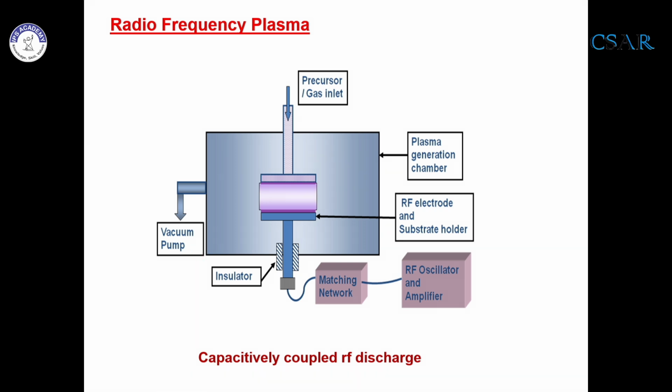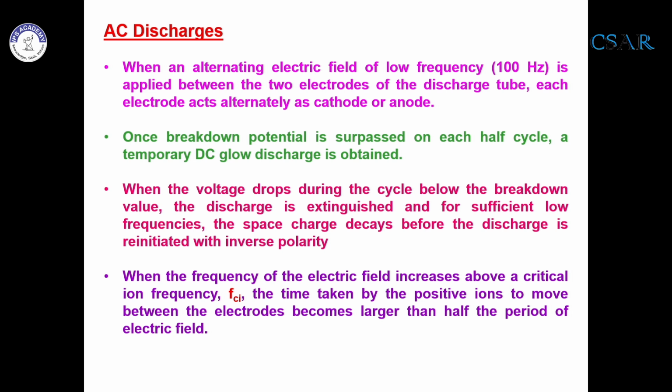If the electron is gaining energy and then losing energy, that means there is no net gain in energy. As a matter of fact, if the electrons truly follow the RF lines, that means there are no collisions, and then probably you will not be able to dump energy into the electron gas, and there won't be any plasma generation. Because for generation of the plasma, you need to have very highly energetic electrons.